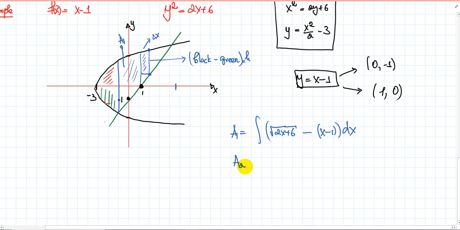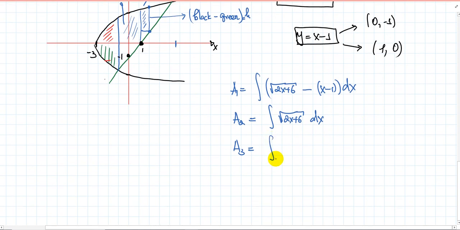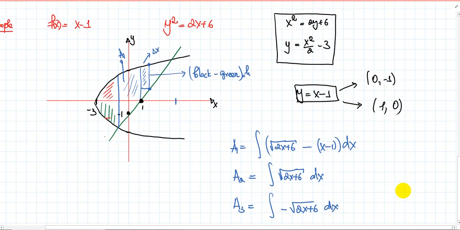So A2 will be the integration of the square root of 2x plus 6 dx, okay? And A3 will be the integration of minus the square root of 2x plus 6 dx. Yes?